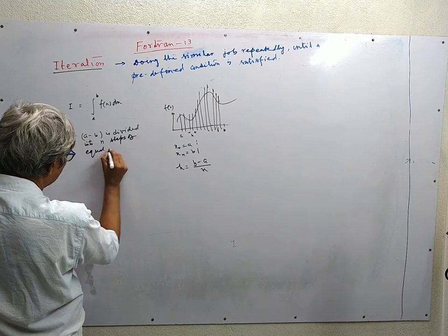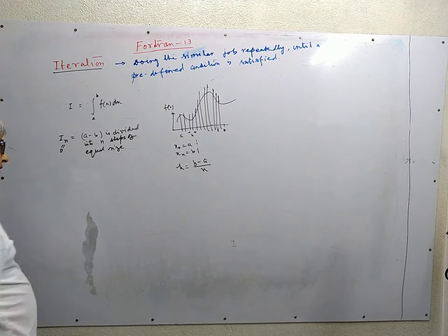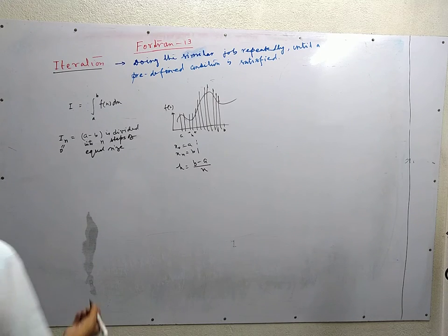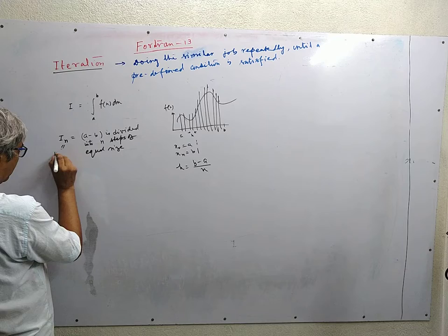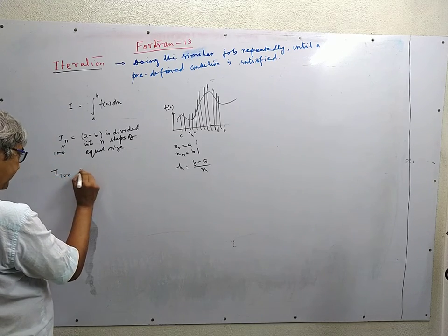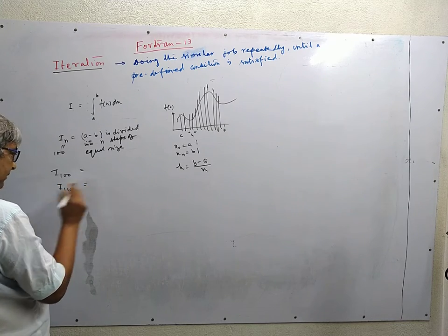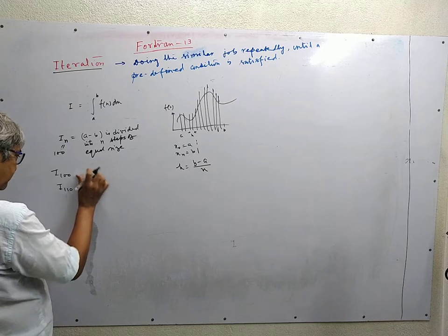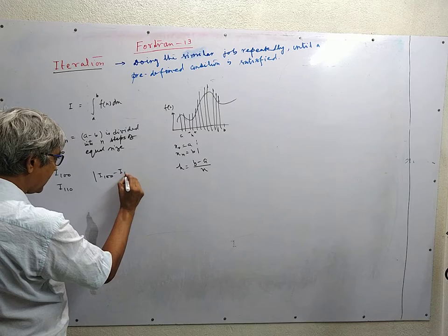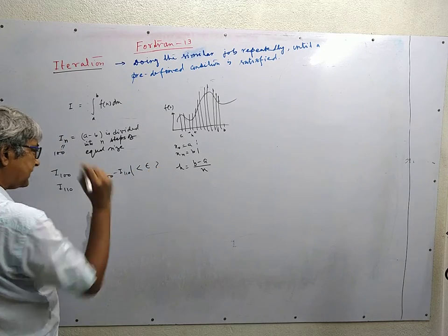Say n is 100, and we find the result. How do you know that this result is the correct one? Then we have to change n. So n was 100, and now we calculate I 100. This is one result. Then we also calculate I 101, and we check the difference between these two. So I 100 minus I 101, is this less than the accuracy?